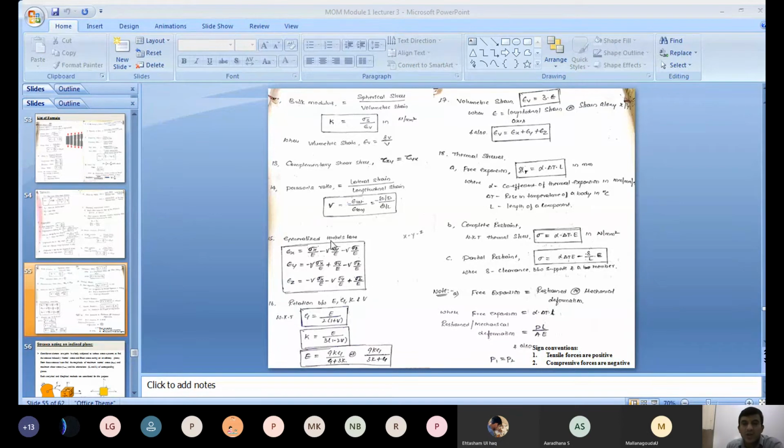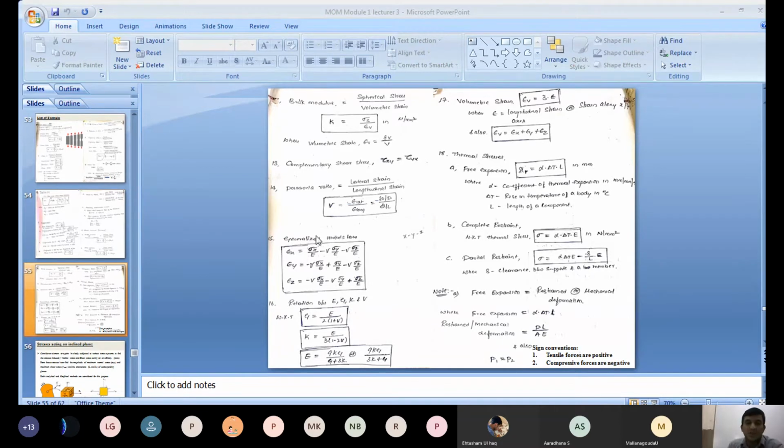How do you remember it? Consider three coordinates x, y and z. If you want to write the strain induced along the x direction, the term sigma x by E will come as positive. For the other two axes, the Poisson ratio term will come because the dimension decreases.